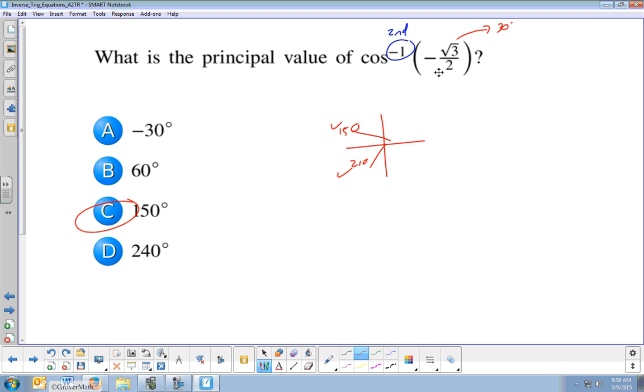Cosine of both of these values will get you negative 0.866, or negative rad 3 over 2, and you could check these. Don't worry about this principal value thing. That's just the smaller of the two, but you're not going to really have to worry about that. You're not going to see many of those problems, but basically type it in.